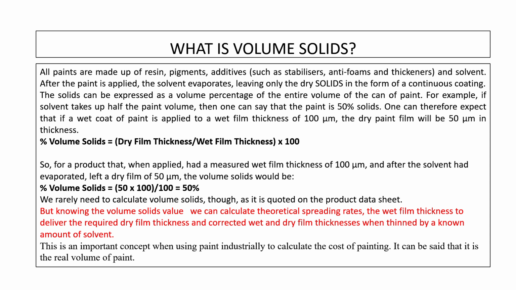And if you add thinner, you have to recalculate the wet film thickness, dry film thickness and percentage of volume solids. If you add thinner, your volume solids will change accordingly, and your wet film thickness will change to maintain the dry film thickness. So it is very important to know the volume solids.